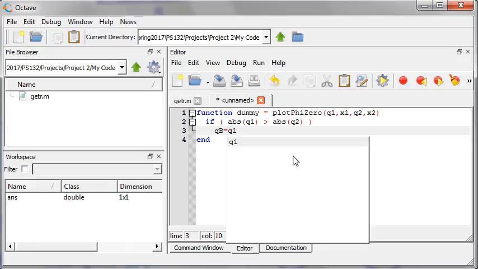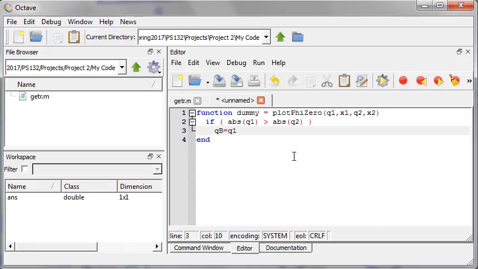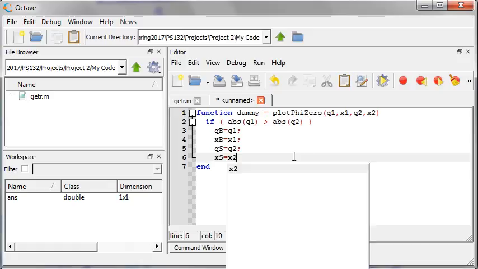as that is the bigger one, and XB is equal to X1. That leaves QS being equal to Q2 and XS being equal to X2.